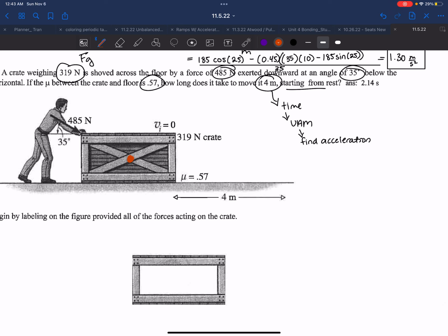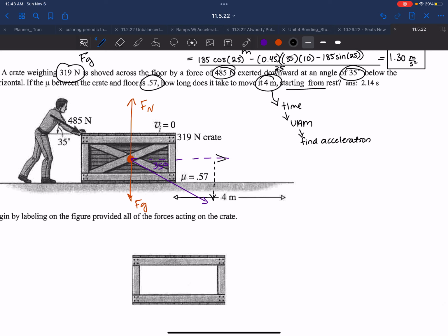So with this free body diagram, we got force of gravity, force normal, and then I'm going to draw this guy's pushing of the block 35 degrees below the horizontal, and then I'm going to break those forces into its components.